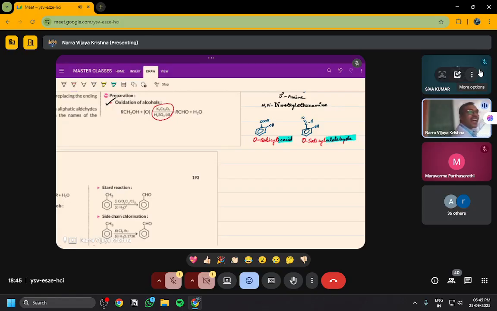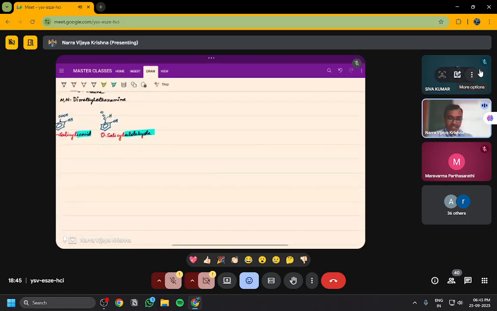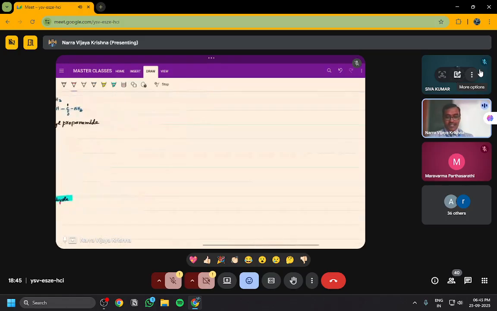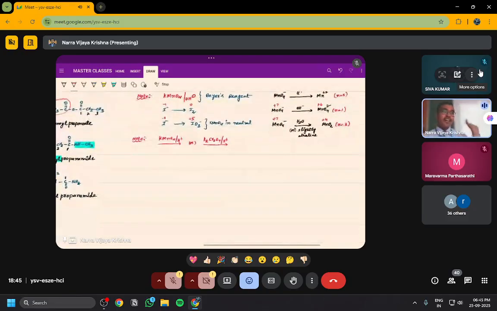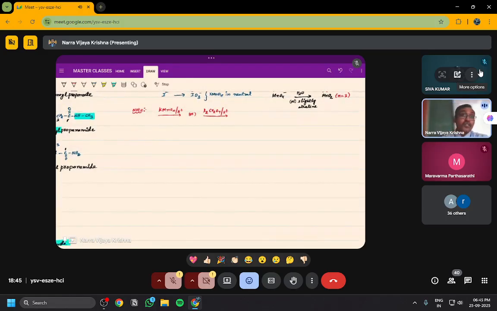That aldehyde will react further to form carboxylic acid. But they have taken only up to here. They have restricted the reaction. In reality, we cannot restrict, but in our NCERT, if they give this, we will write that down. In reality, they are good oxidizing agents. That's why I'm mentioning them separately. Otherwise, I will not disturb it.